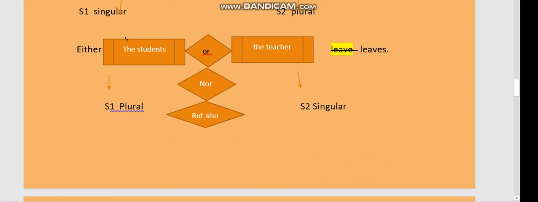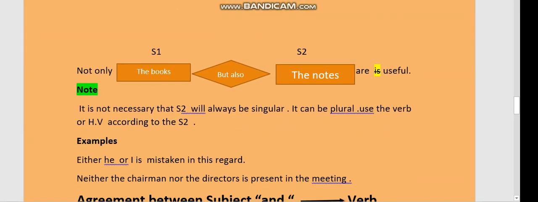If there is nor, but also instead of or, then our helping verb, our verb should be according to the second subject. Next is: not only the books but also the notes are useful. Not is useful. Why?